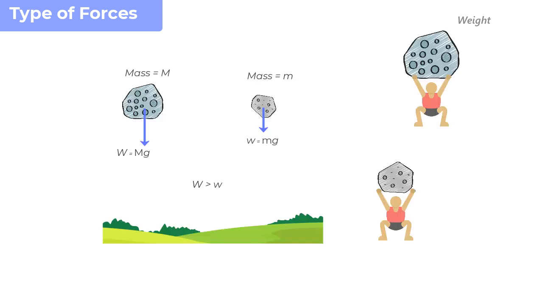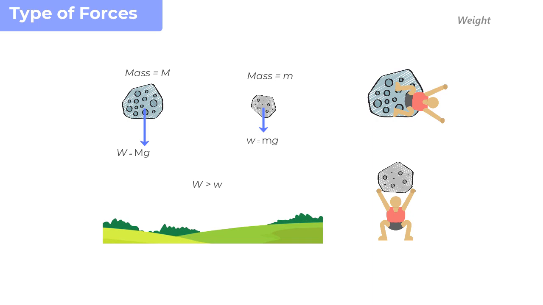And if you've tried to lift a small rock and also a big rock, it is obvious that it is more difficult to lift the large rock with a lot of mass off the ground because of its large weight compared to the small rock. So the magnitude W of a body's weight is directly proportional to its mass m. Also, since weight of a body is a force, it is therefore a vector quantity. So feel free to write it as a vector equation where required, while mass is a scalar quantity.